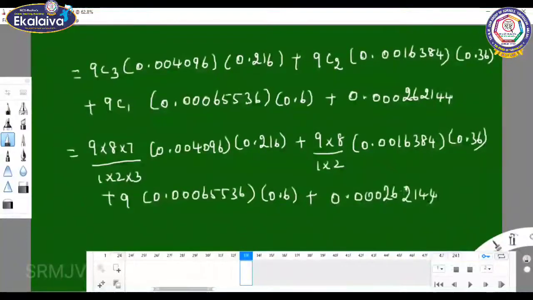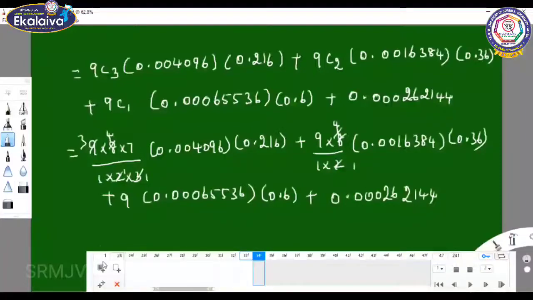So you cancel these values. 3 ones are 3, 3 threes are 9, 2 ones are 2, 2 fours are 8... 12 sevens are 84. Here also 36. Now you multiply all the values.